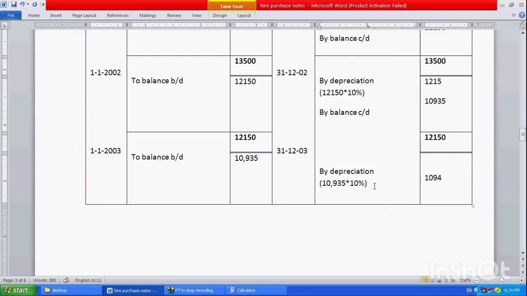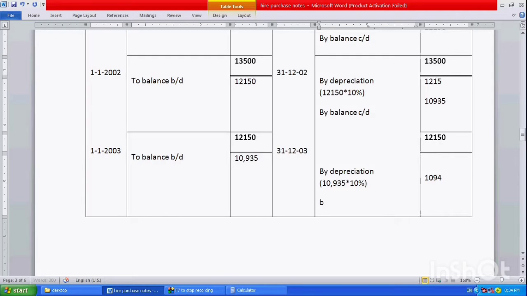Now by balance carried on. What you have to do is 10,935 minus 1,094. So 1,094 should be deducted from 10,935.